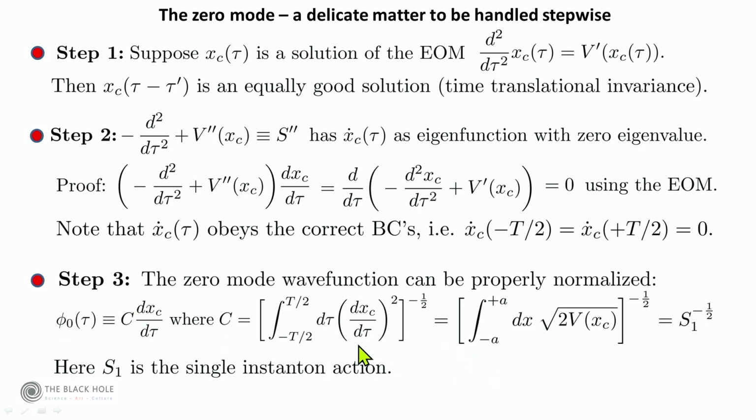And let's also notice that xc dot squared, by the fact that energy is conserved, is equal to square root of 2v on the classical path xc. Okay, and this is just the action for a single instanton, 1 over square root of that, actually.